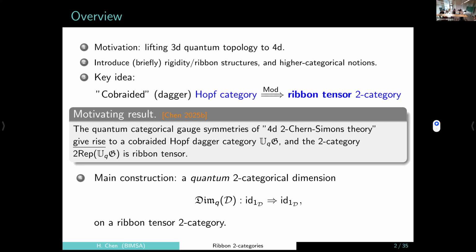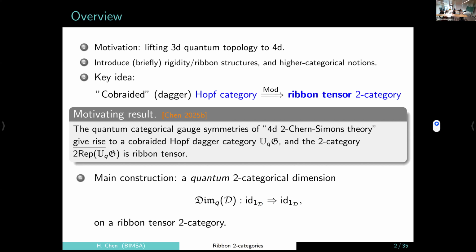But the main takeaway is that after I tell you what ribbon 2-categories are, there's a construction you can do, which is this 2-categorical dimension, but it has a quantumness to it.